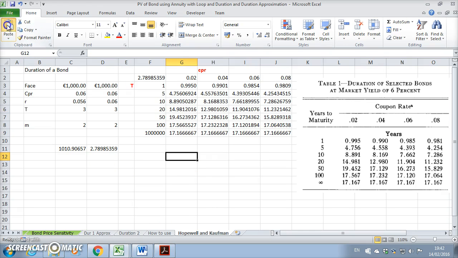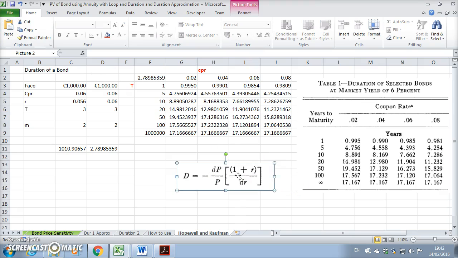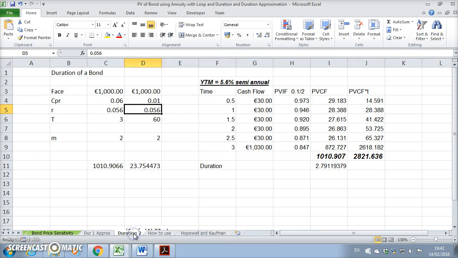we could just paste that formula in. The way we estimate duration here, or would have estimated duration previously, would have used this type of format.